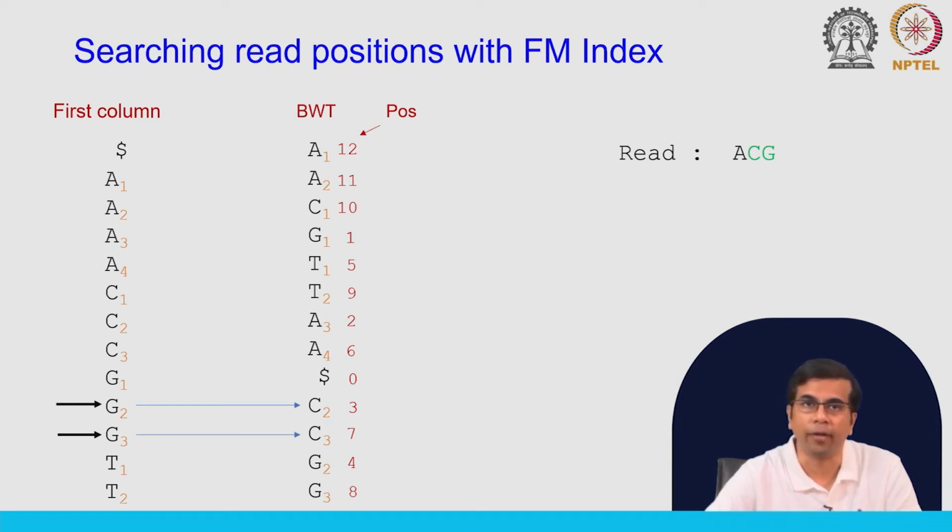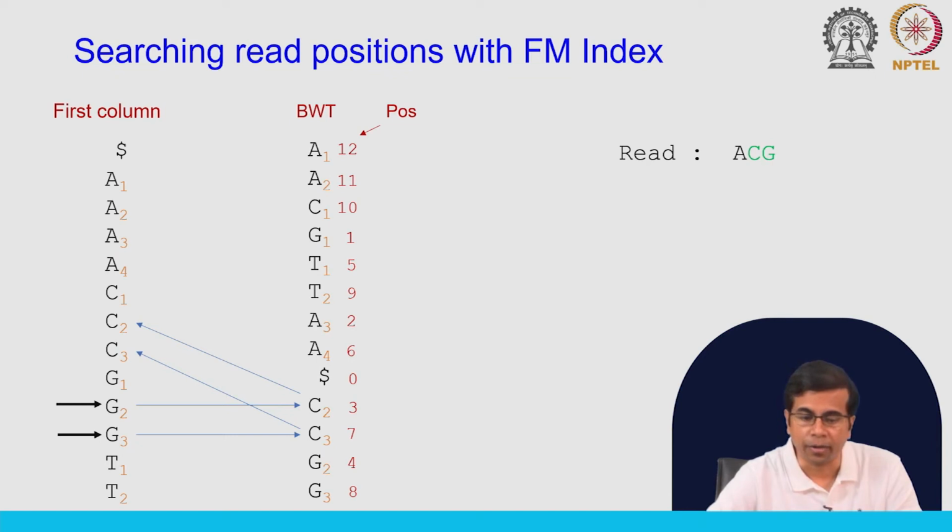What we will have to do now is continue our last-first mapping. We are in the last column, so we will again map back to the first column, which means this will correspond to C2 and C3 in the first column. What is the next step? We want to find A, so again we look for the letter that occurs before C2 and C3 and see whether there is any A at all.